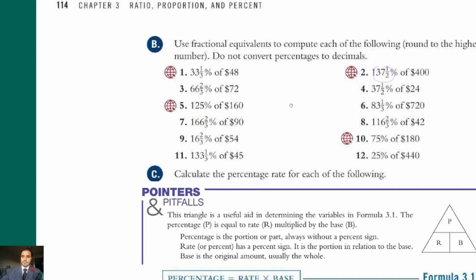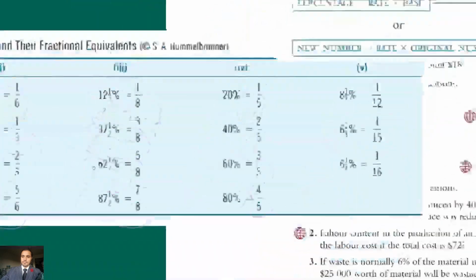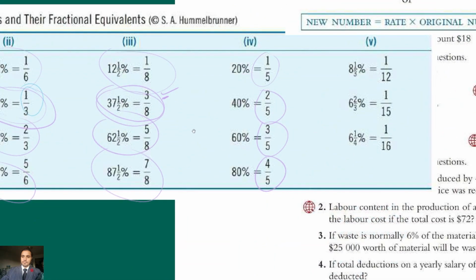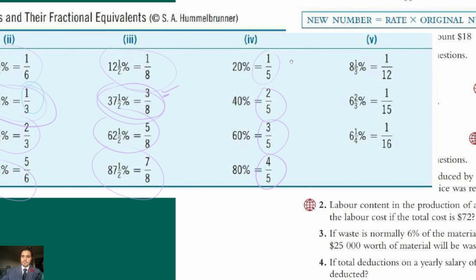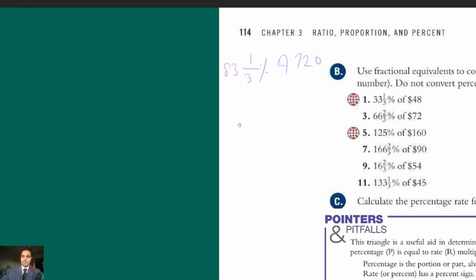Okay, let's look at a couple more. 83 1/3% of 720. Yeah, 83 1/3% is 5/6.